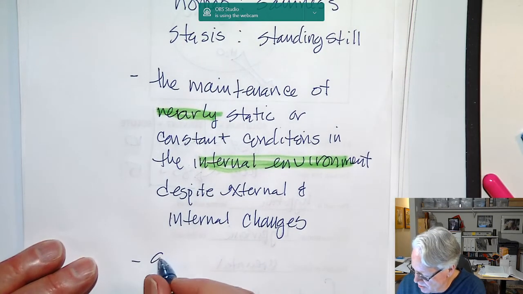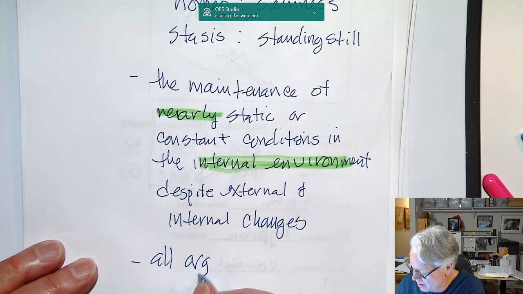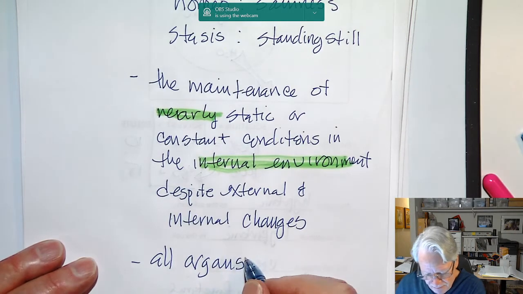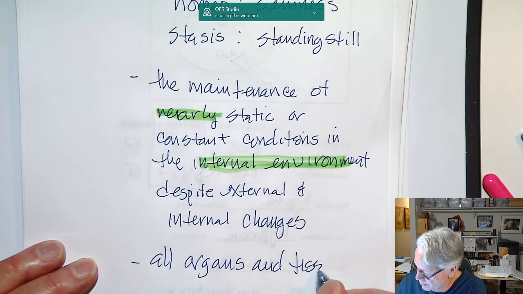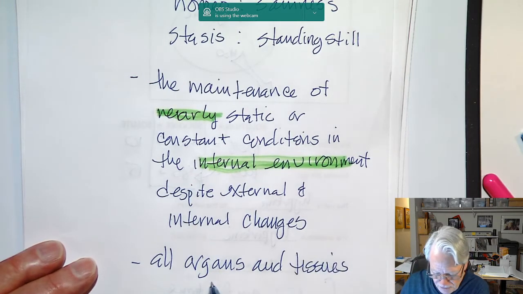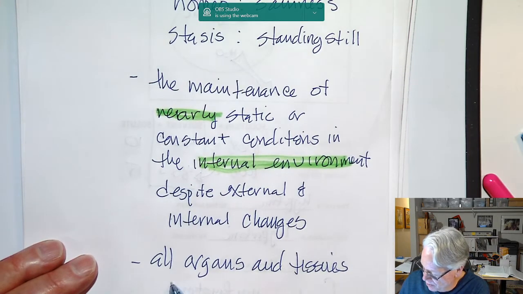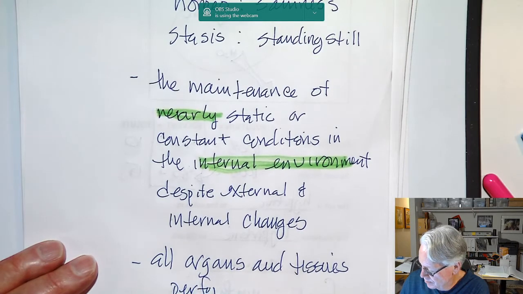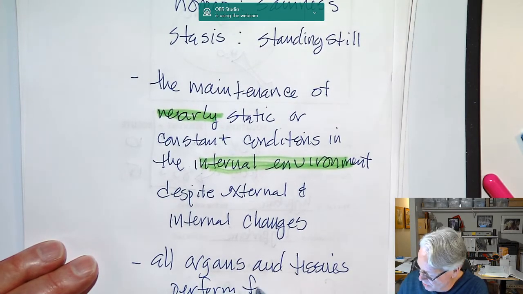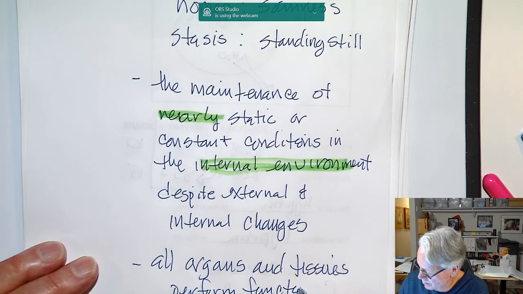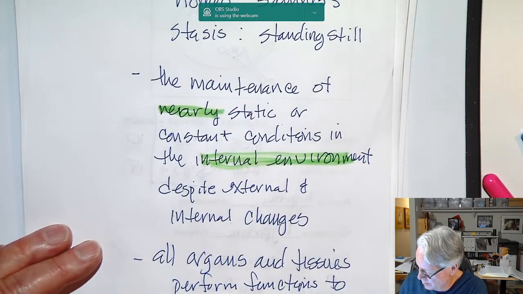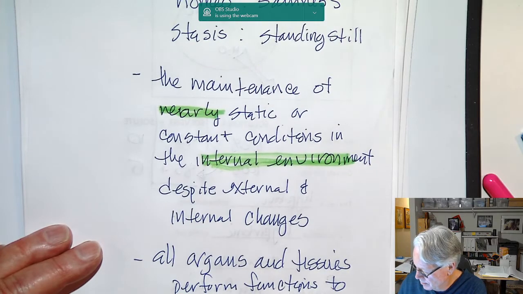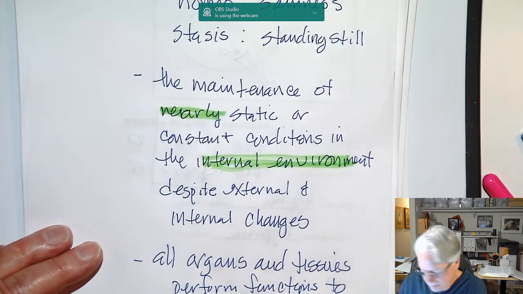All organs and tissues are going to perform functions to help maintain homeostasis.